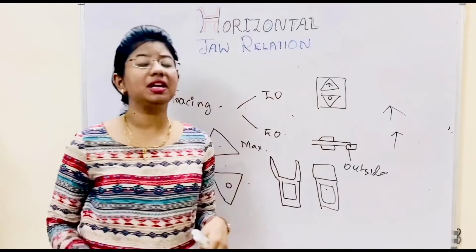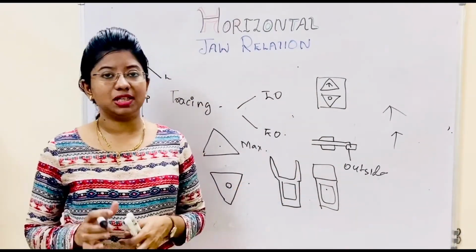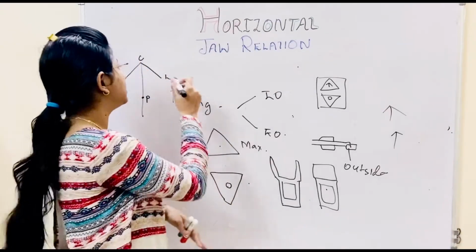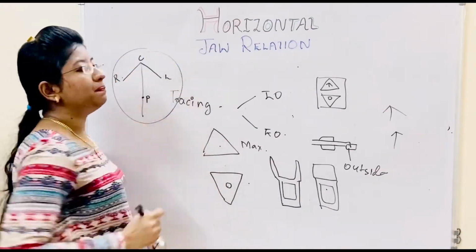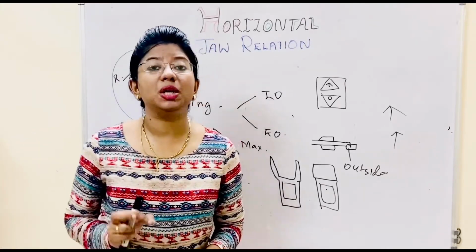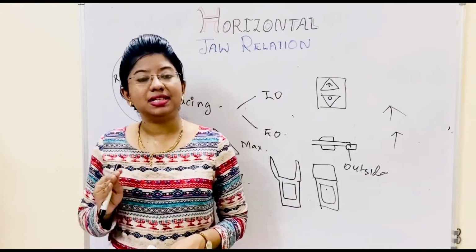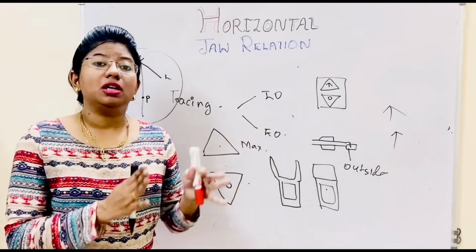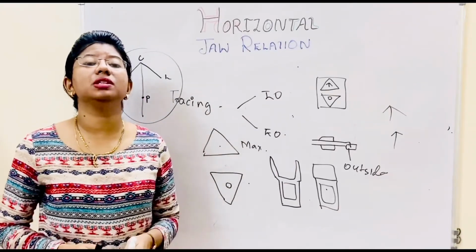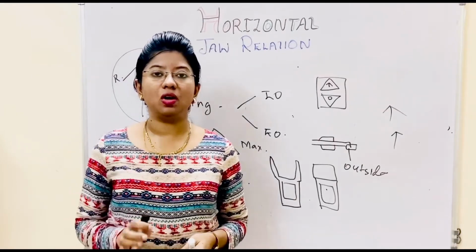There are different reasons for this kind of tracing, like condylar interferences or interferences by the record base and many more. But when you get this kind of tracing, it means your patient is closing correctly in centric, and it is the most important method to verify that the patient is closing in centric. It is not the method to record, but to verify whether your patient has closed in centric or not. That is the importance of the extraoral tracing.